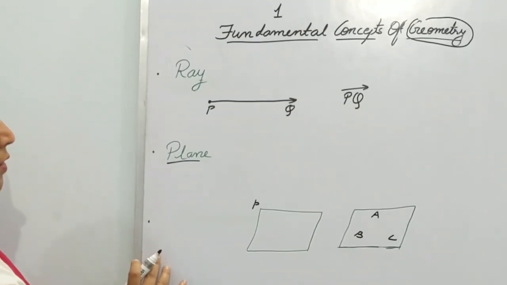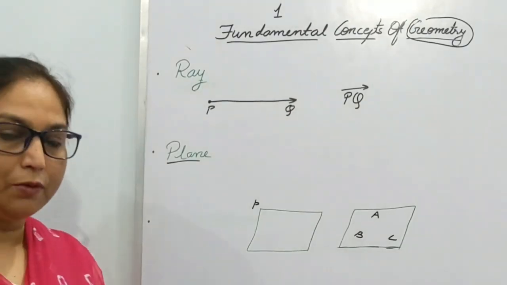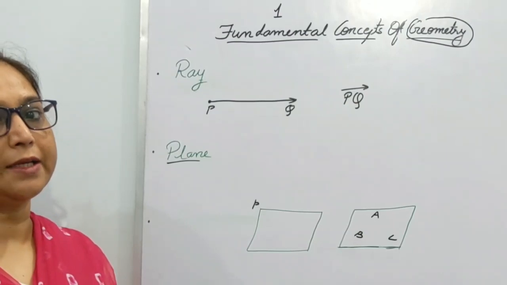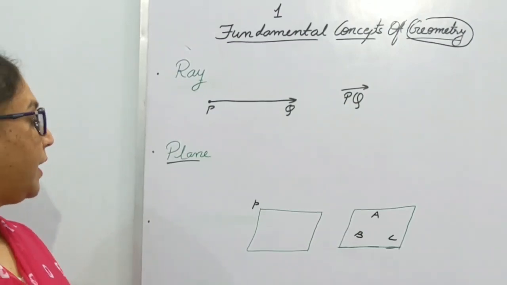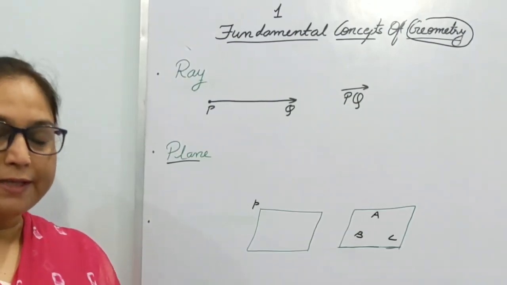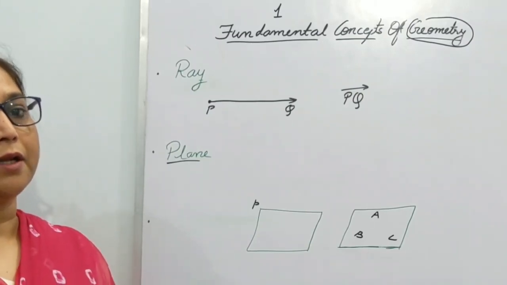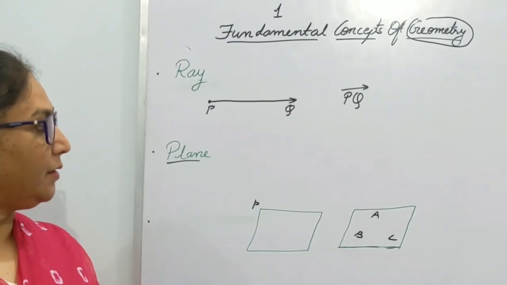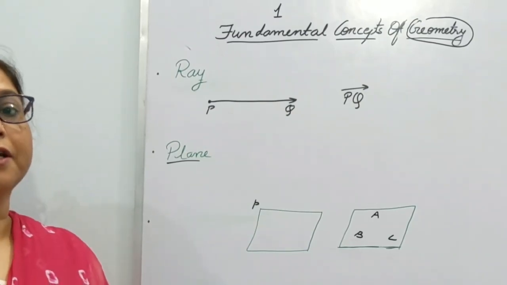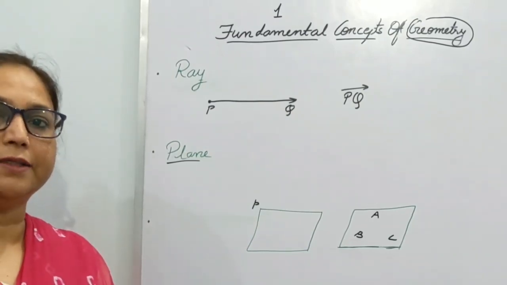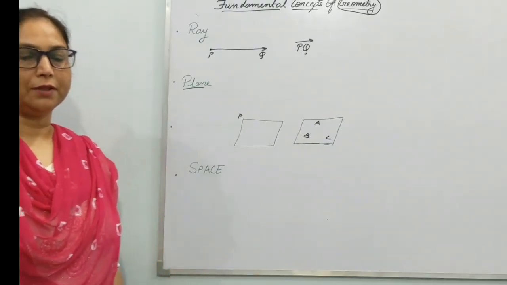So we reach to a conclusion. A plane has no fixed length, breadth, and it doesn't have height. In elementary geometry, points and lines are shown on plane. And do you know, a plane has infinite points and lines. Space.